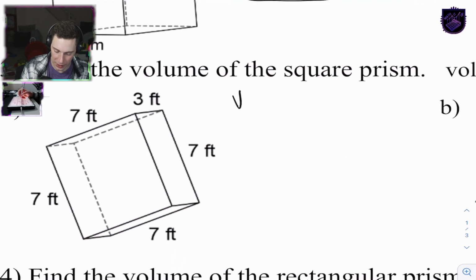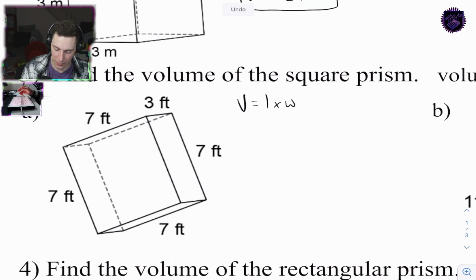The volume will be equal to length times width times height.